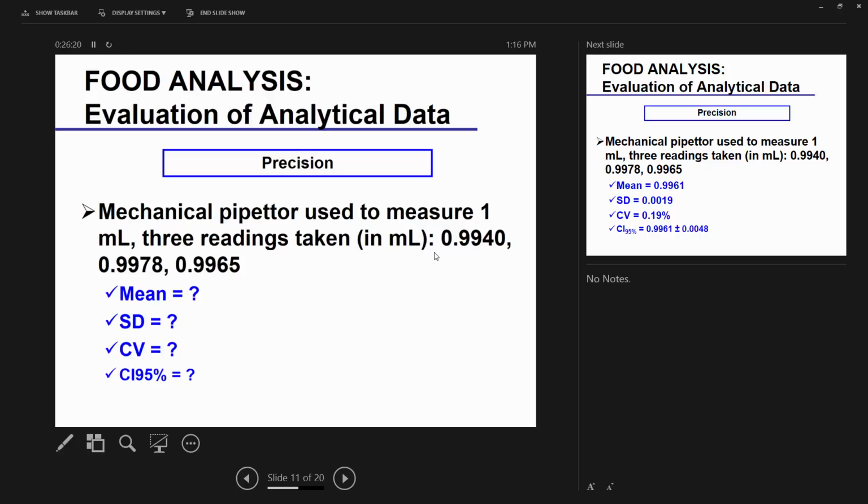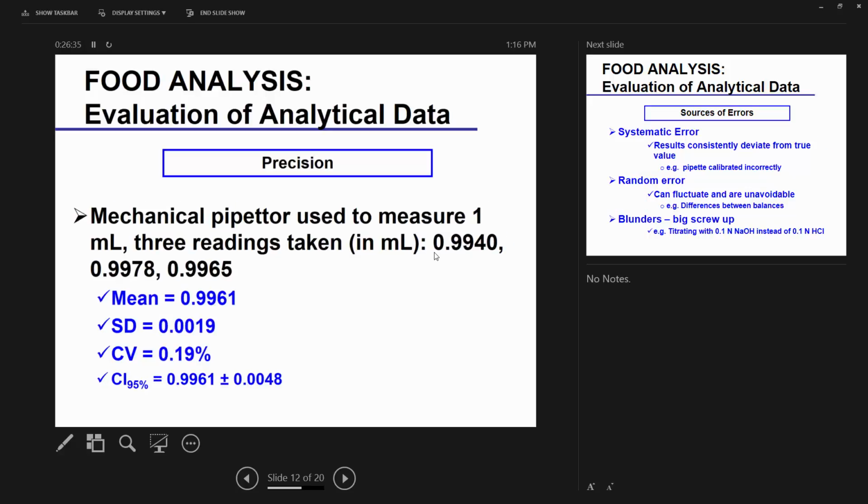And then confidence interval, anybody? 0.9961 plus or minus 0.0047. Yes. And then you must have some bigger number here to round. So these are your values. Make sure you have them correct.